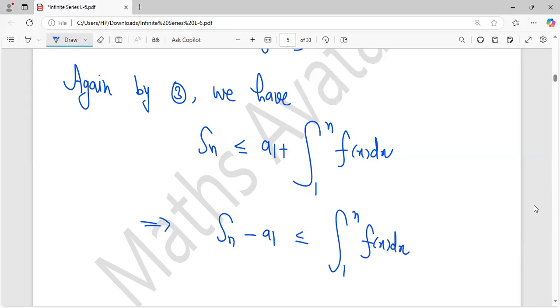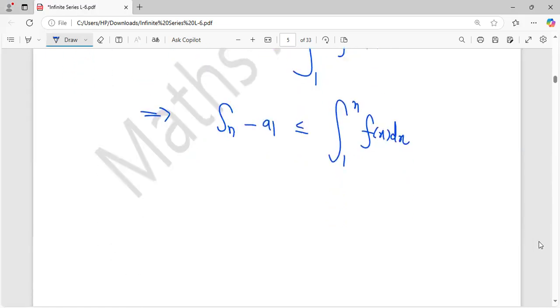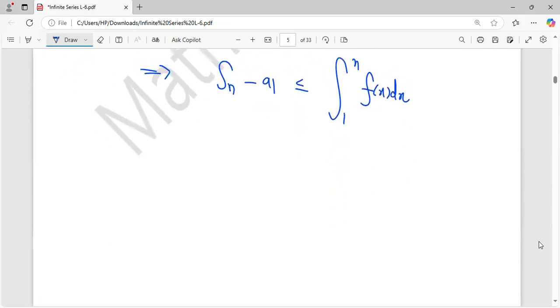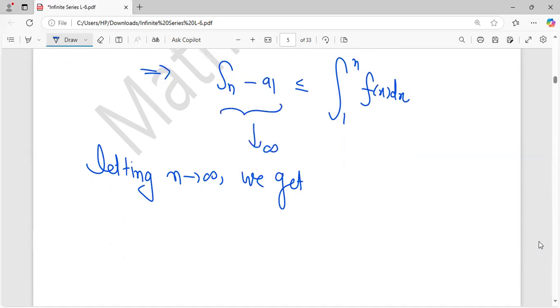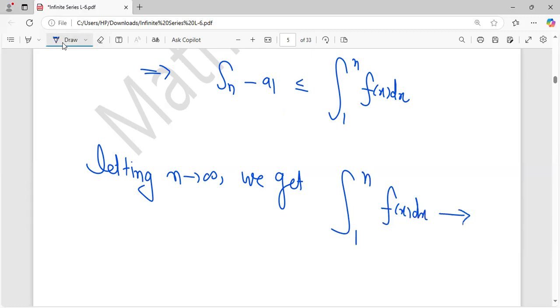Now letting n tend to infinity, Sn will tend to infinity, and the upper thing, the non-negative integral, will also tend to infinity. So we get the integral from 1 to n of f(x) dx tends to infinity as n tends to infinity.